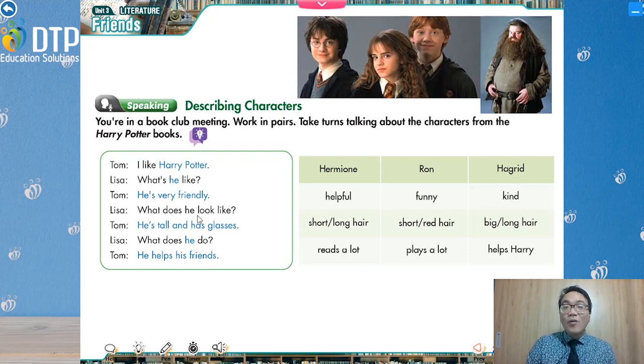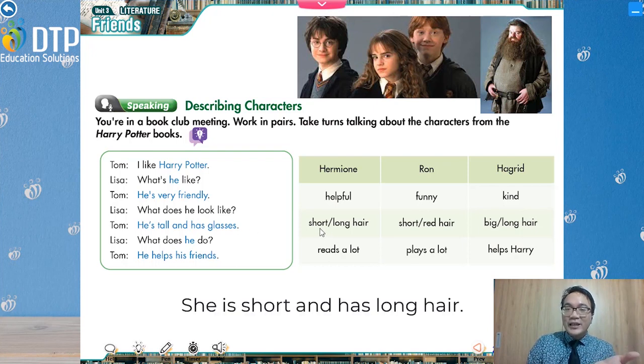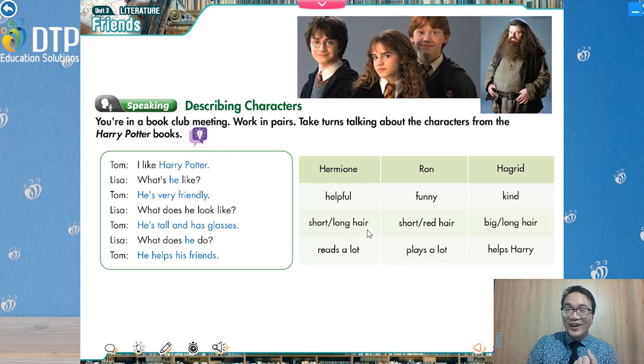Ok, next we have what does he look like? What does she look like? So what does Hermione look like? She is short and has long hair. Good. How about Ron? What does he look like? He is short and has red hair. How about Harry? What does he look like?